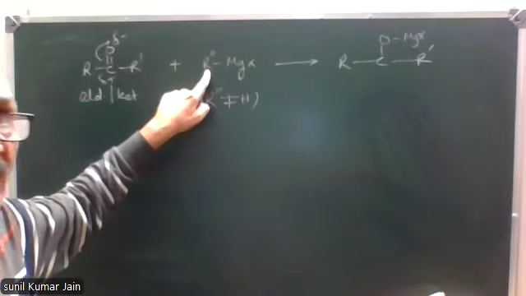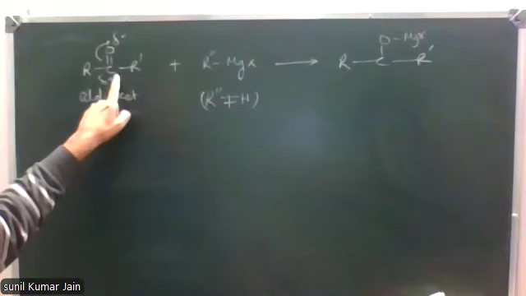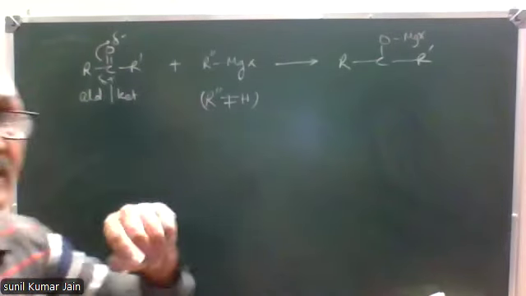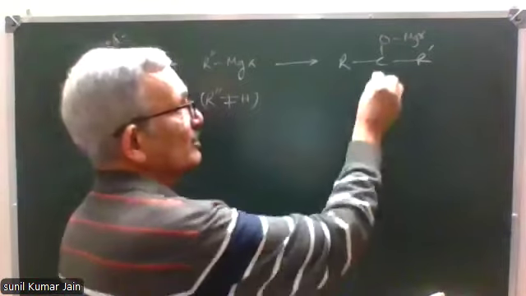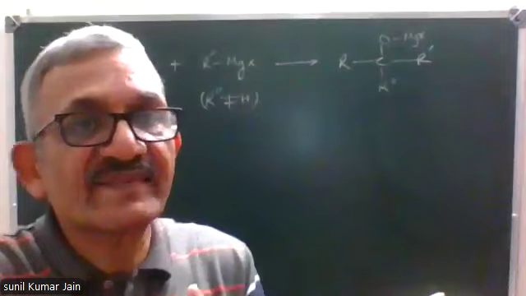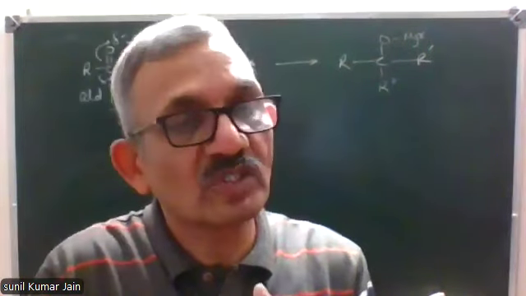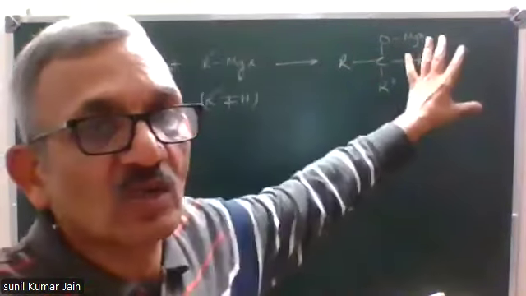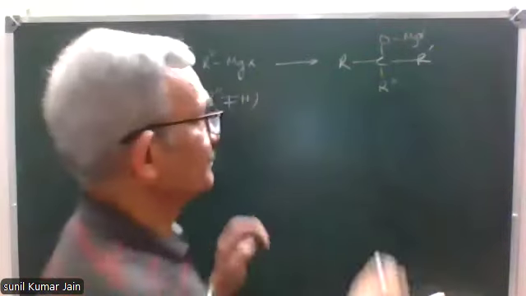Negative R of Grignard reagent forms a bond with positive carbon of the carbonyl compound. Two reactants have combined and given one product, so this is the addition reaction. This is called the addition product.